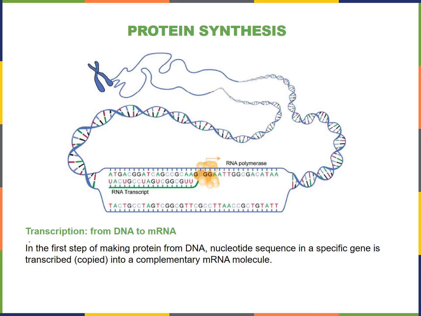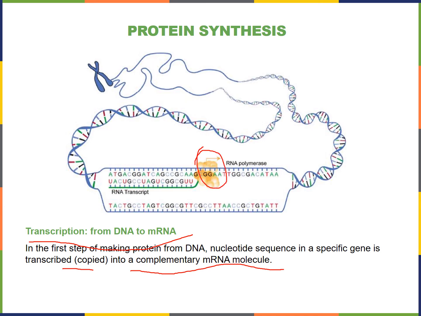This is the transcription from DNA to messenger RNA, the first step of making protein from DNA. The nucleotide sequence in a specific gene is transcribed, or copied, into complementary messenger RNA. This is the RNA polymerase.